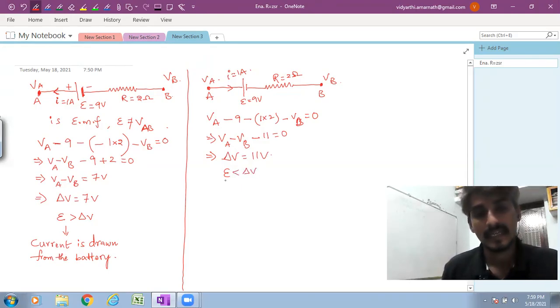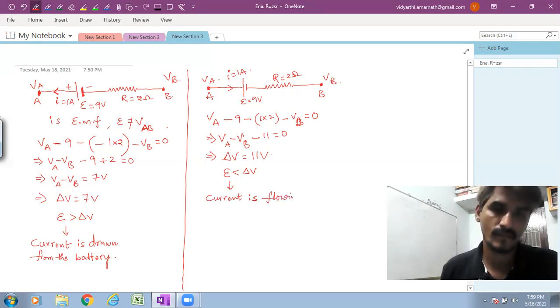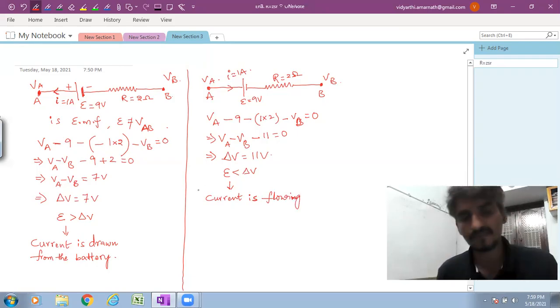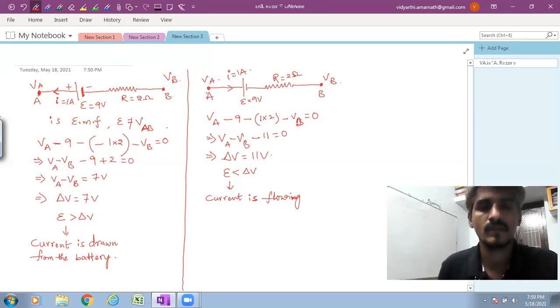Yes or no? In this situation, we can say that current is flowing into the battery, which is called charging of a battery.